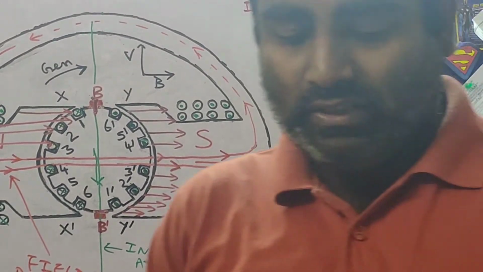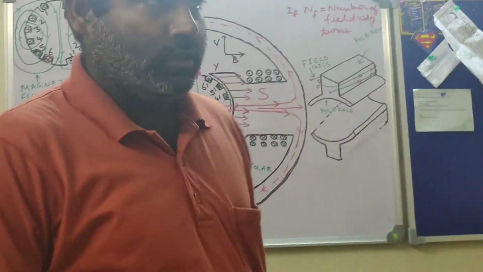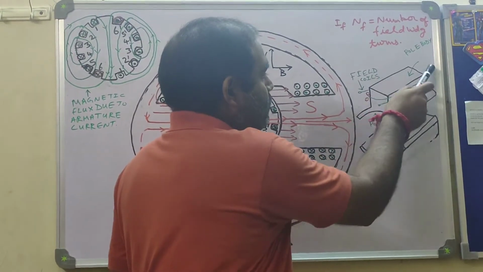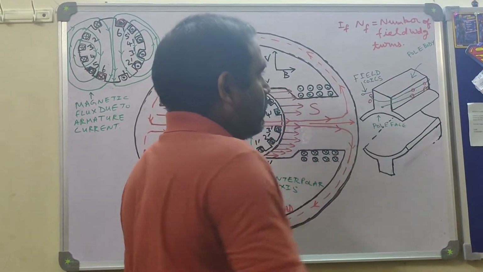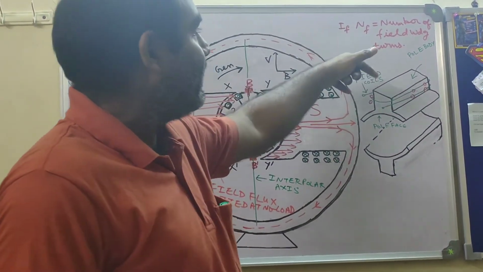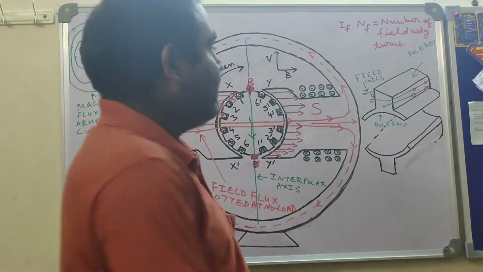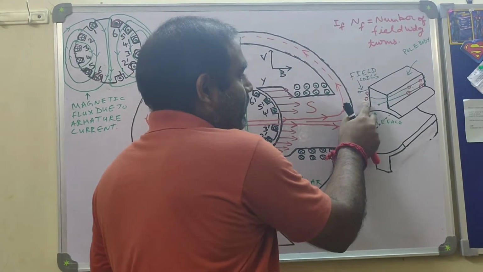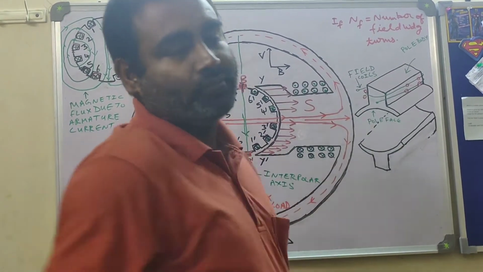So if IF is the field winding current carried, then IF current is flowing on this side also and this side also. I believe this has been cleared, that if the field winding has enough turns, there will be enough conductors on this side and enough conductors on this side as well.